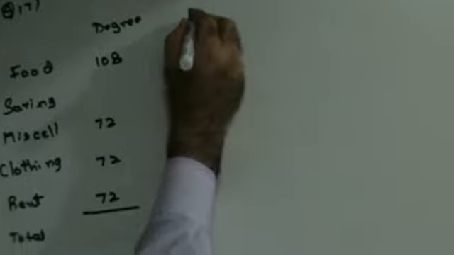The degrees are given to you as 108, 72, 72 and 72. They haven't given you the degrees for savings, and they've said that the annual income of the family is 60,000 rupees.